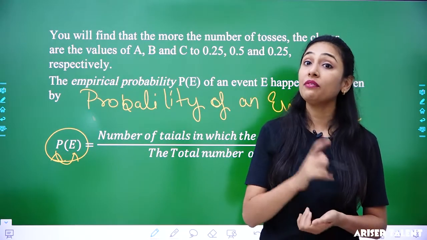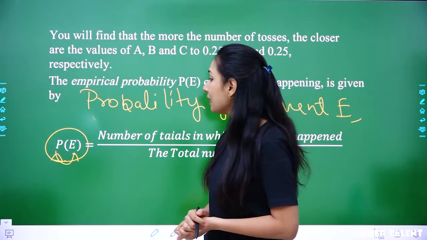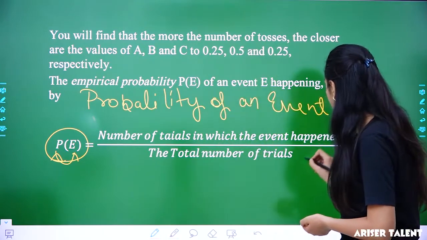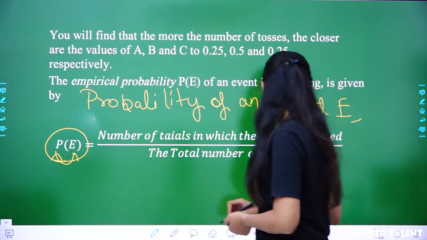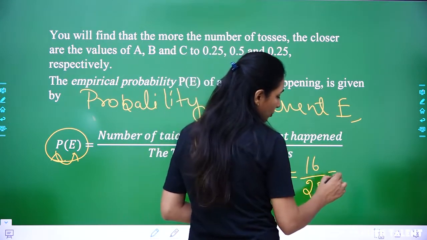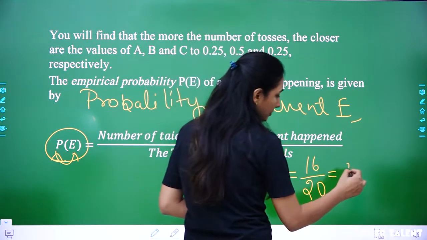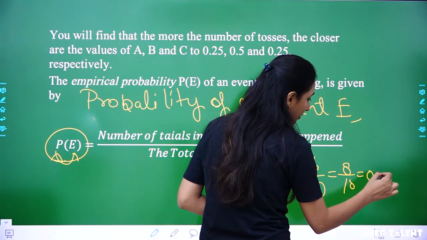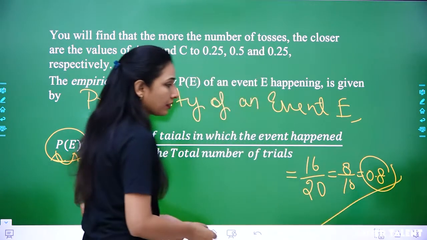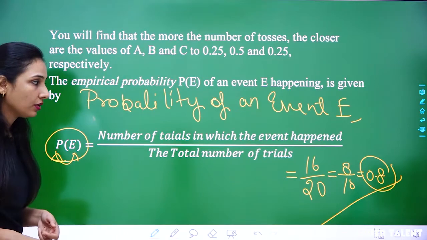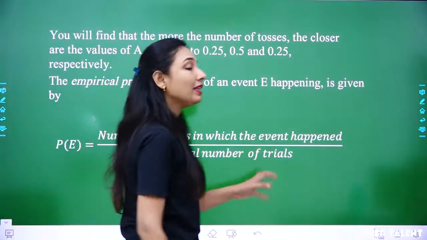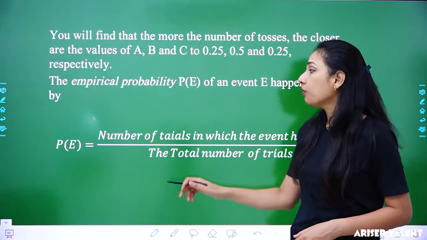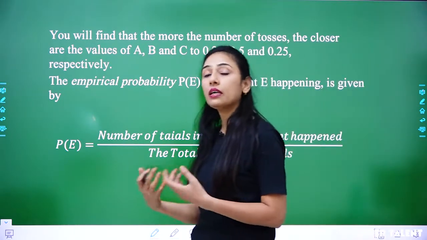In that case I will have 16 here and 20 here, that is going to be 0.8. So this will be the probability of having an event.